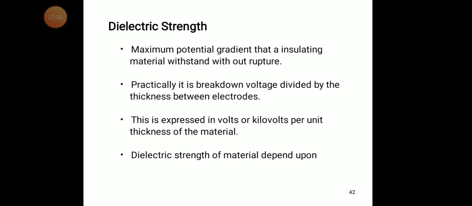This is expressed in volts or kilovolts per unit thickness of the material. Dielectric strength of a material depends upon temperature and humidity. The strength of the dielectric depends upon the temperature and humidity conditions in which we are using that material.